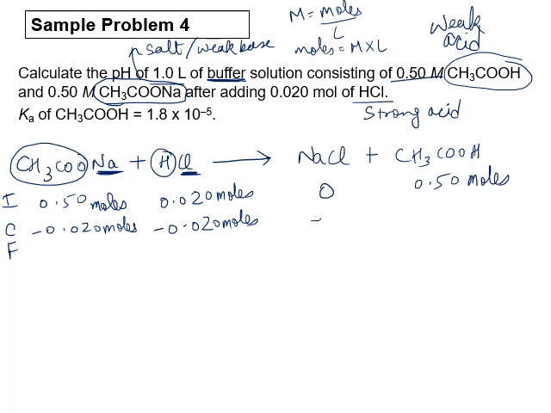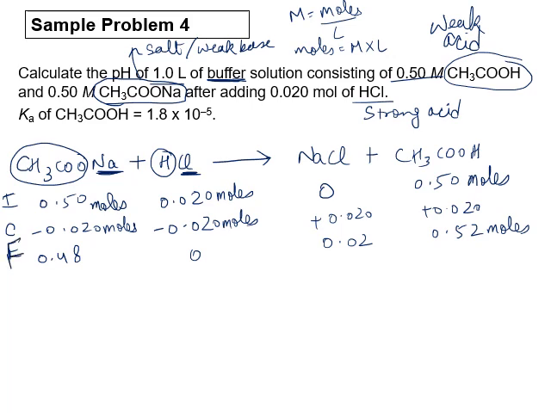This will be positive 0.020, positive 0.020. What will I have at the end? I would have 0.48 of this, 0 of this, 0.02 of this, and 0.52 of this. These are again all moles. This is my final.